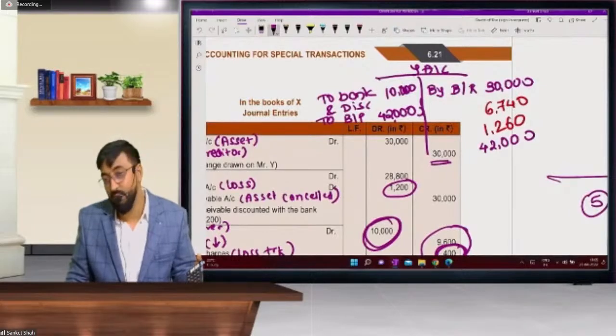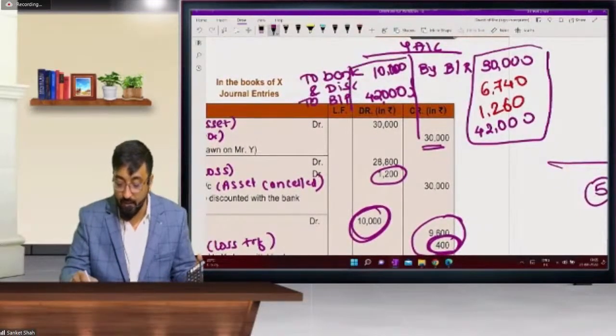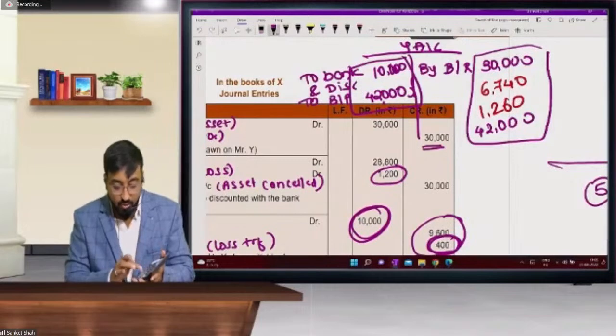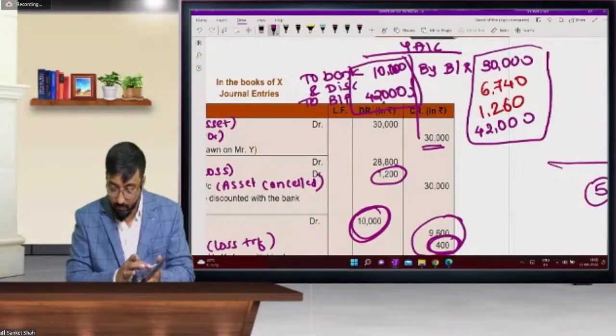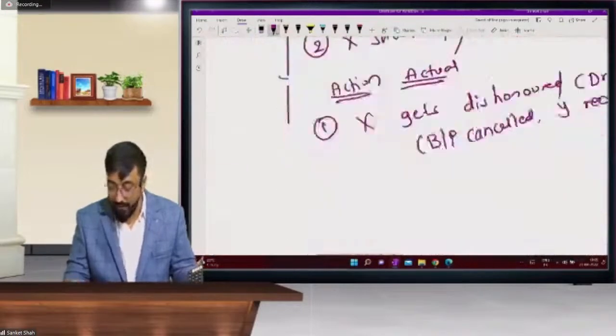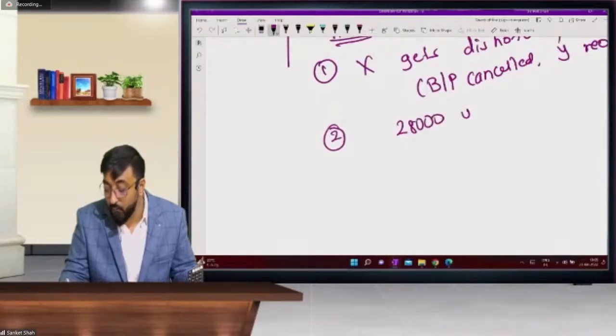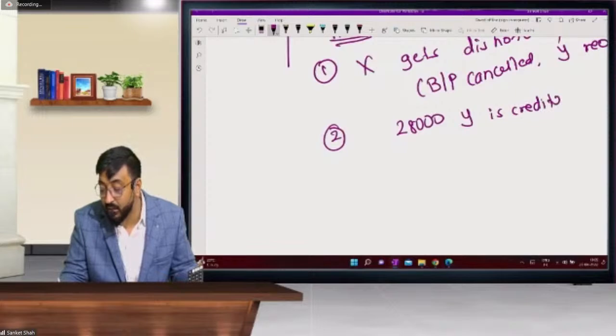And now you can check amount balancing figure. Balancing figure: 30,000 plus 6740 plus 1260 minus 42,000 minus 10,000 minus 42,000. Yes, tell me the balance. 28,000. And number 2, 28,000 Y is a creditor.